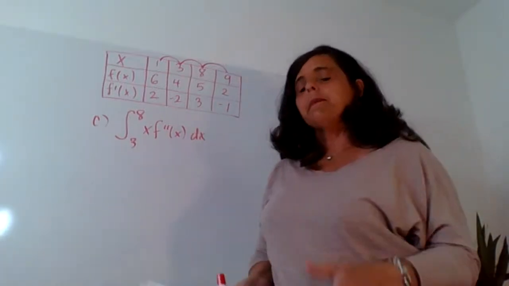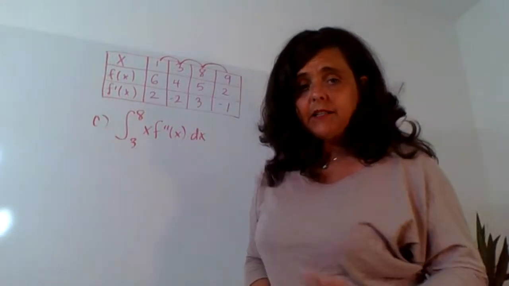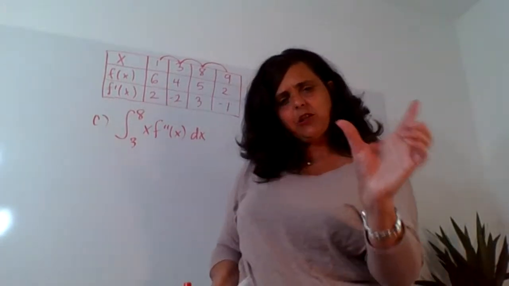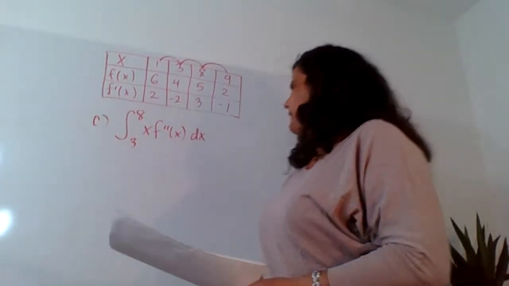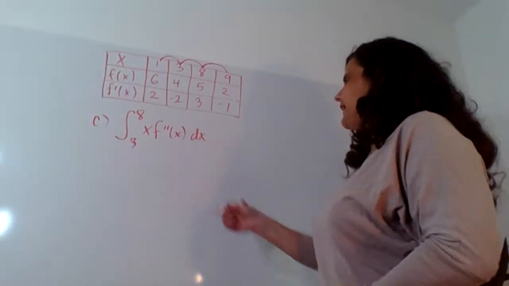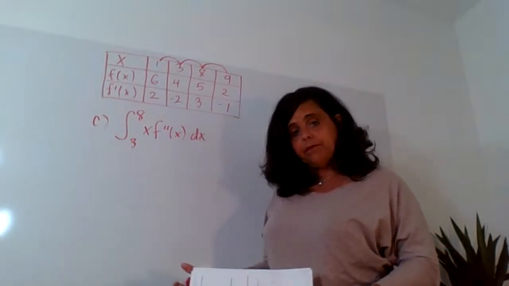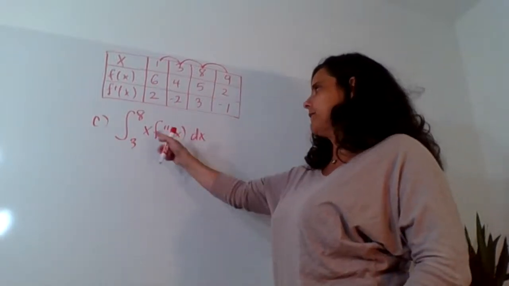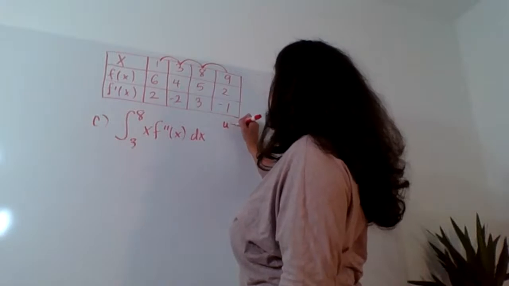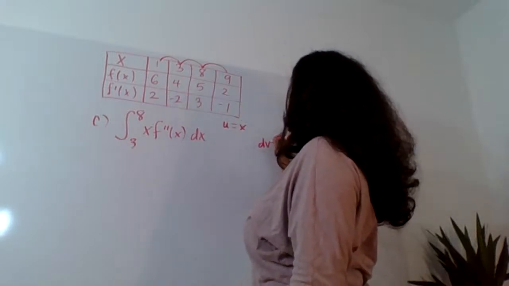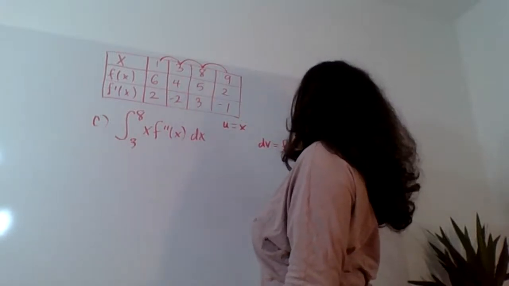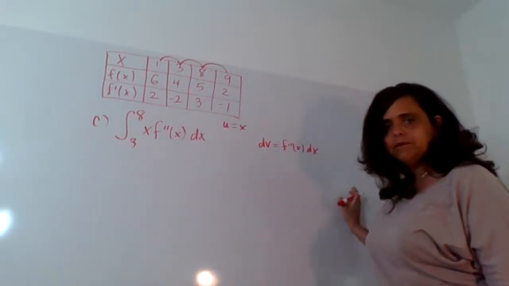However, just remember that you're going to assign u to be the function that's easier to differentiate. So in this case, integrating the f double prime would be easy because the integral will be f prime. So I'm going to let that be dv, and I'm going to let u equal x. So u is equal to x, dv is equal to f double prime of x times dx.